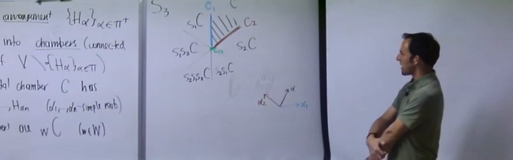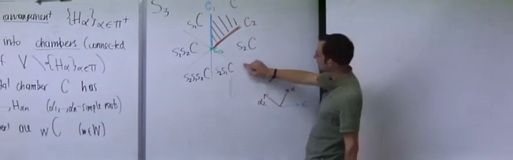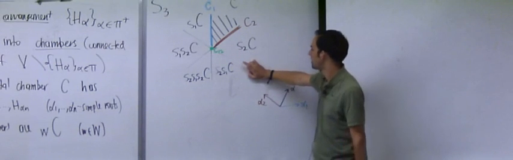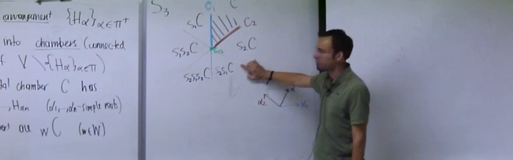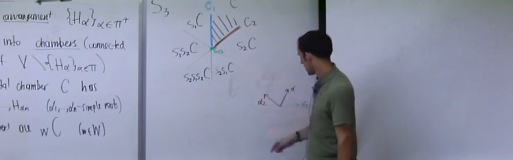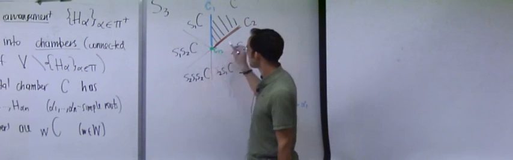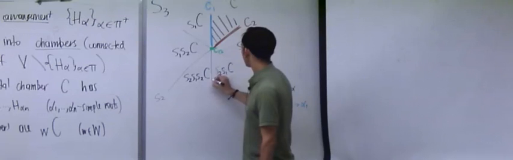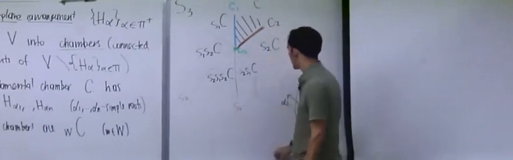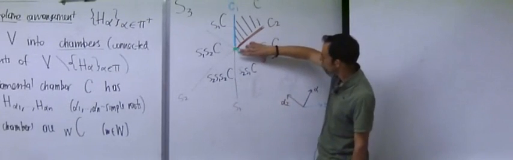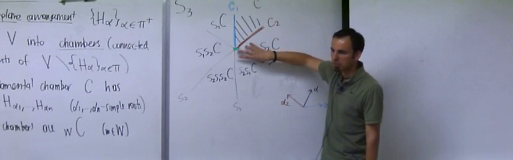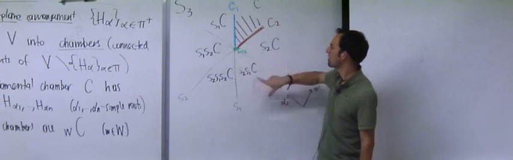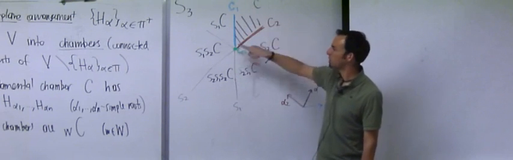So now what should I label the other things in my picture? For example, what should I label this ray right here? I think there's a natural name for it, because again, remember that this reflection is the reflection S2, and this reflection is the reflection S1. So if I want to give this guy a name, I don't have to give it its own name, because I know that everything in this whole picture can be obtained from something in the fundamental domain.